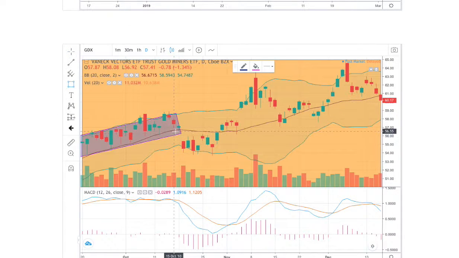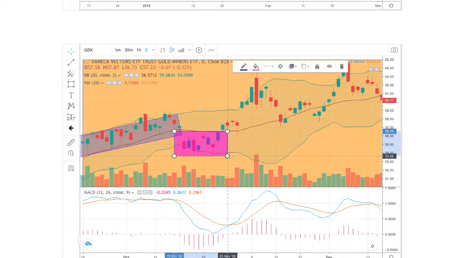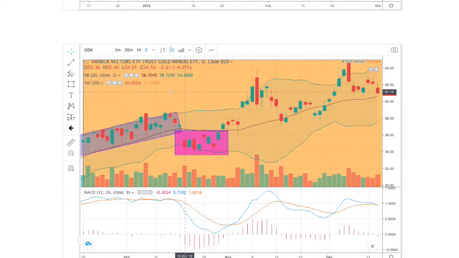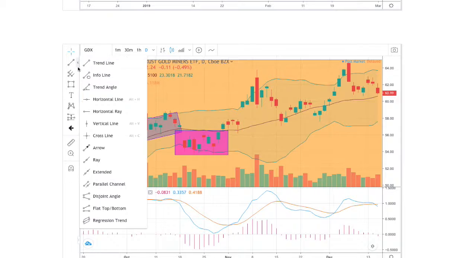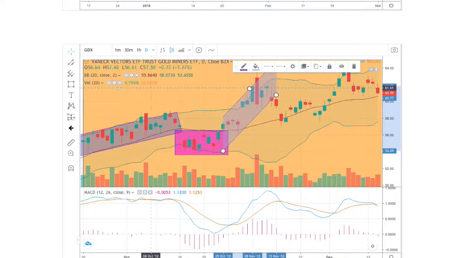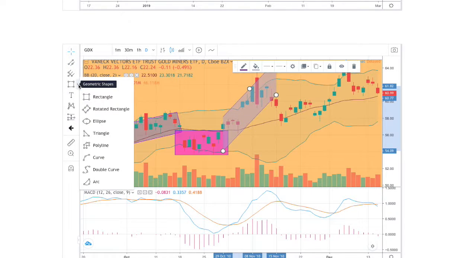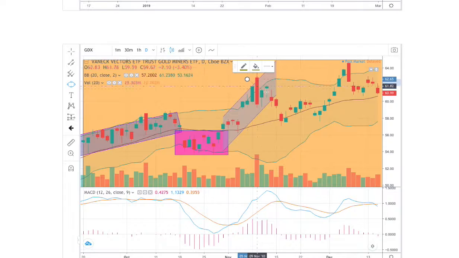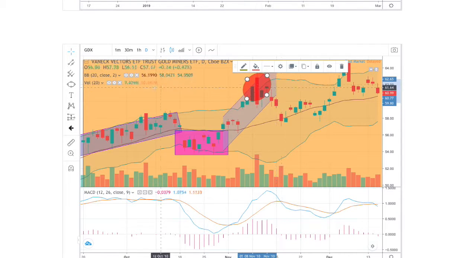Let's make the bottom for the trend in question, and then after hitting the bottom, you have an upward trend immediately popping up outside of the upper Bollinger Band. Make this red.